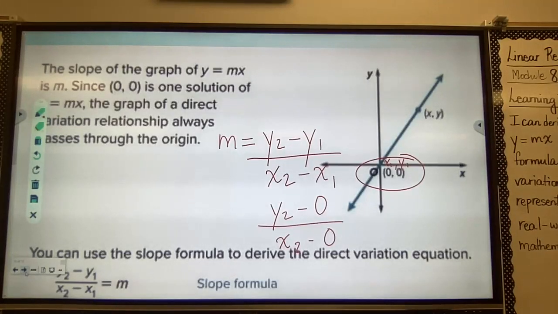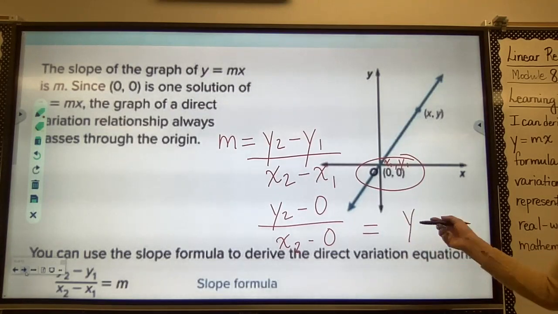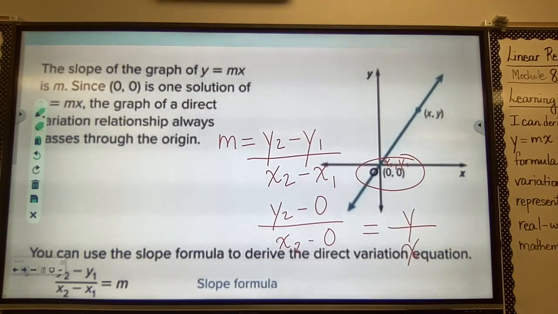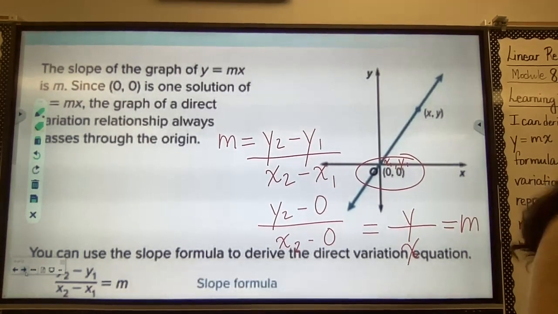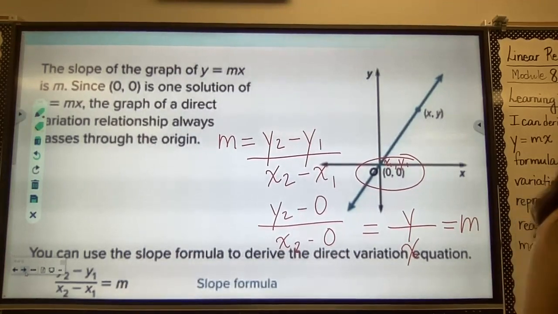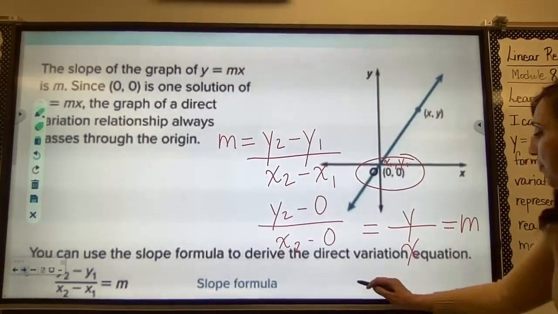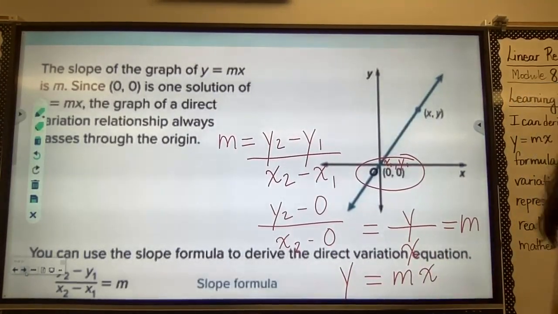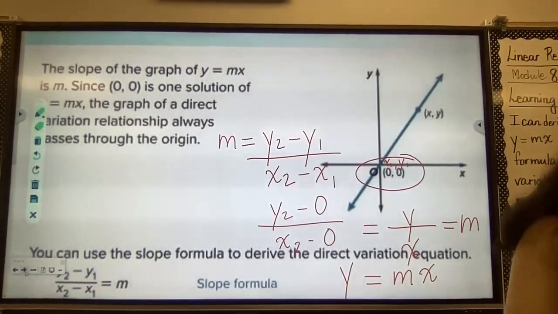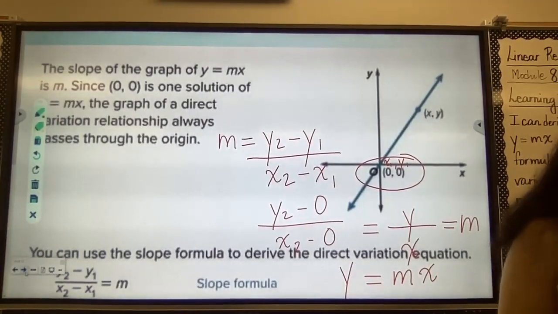And so we get y over x. So y2 over x2 is y over x in this case, and that is equal to m. So slope is equal to y/x, and that is definitely the constant of proportionality. Or I can also say y = mx. I just wanted to explain this to you before we start solving some problems.